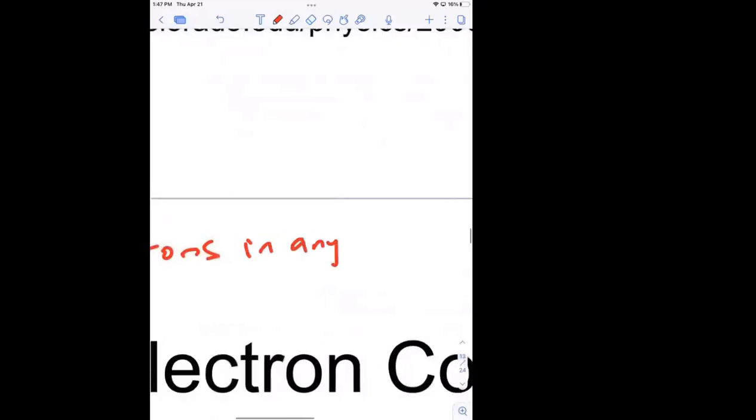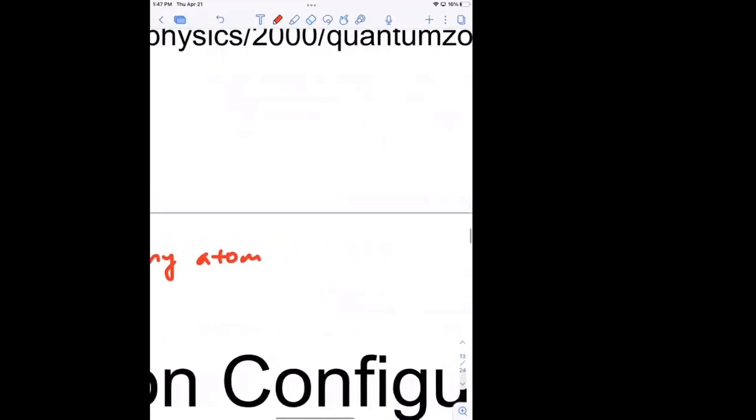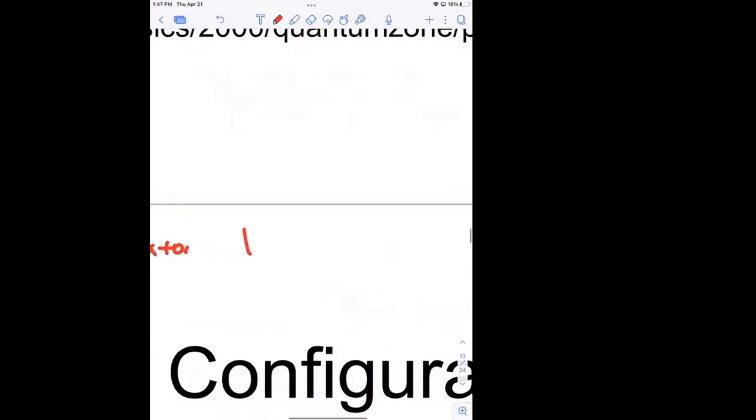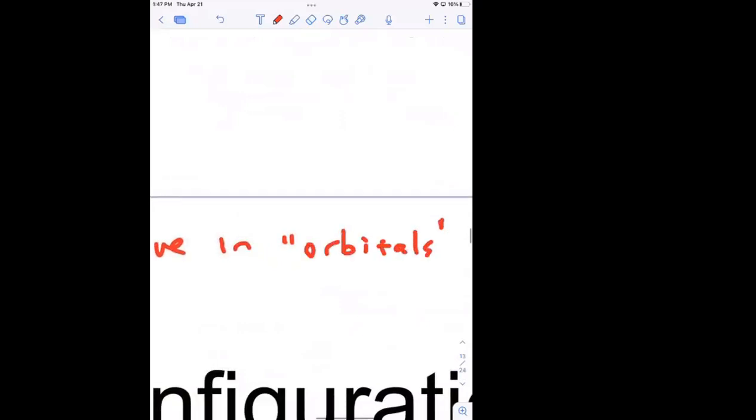So all electrons in any atom, they live in what we call orbitals, right?